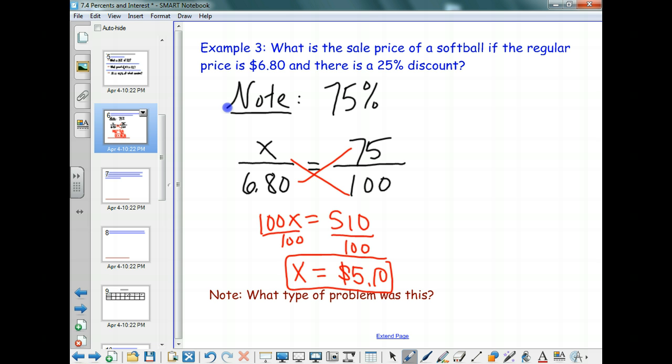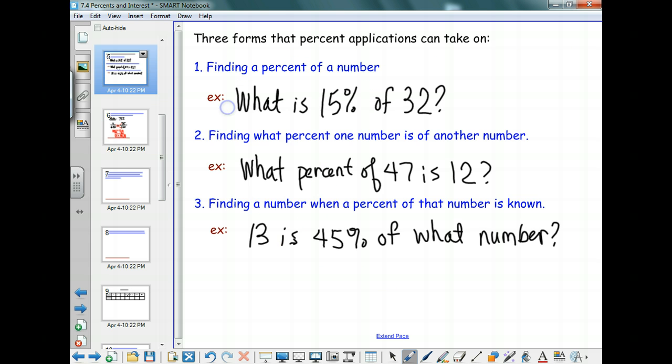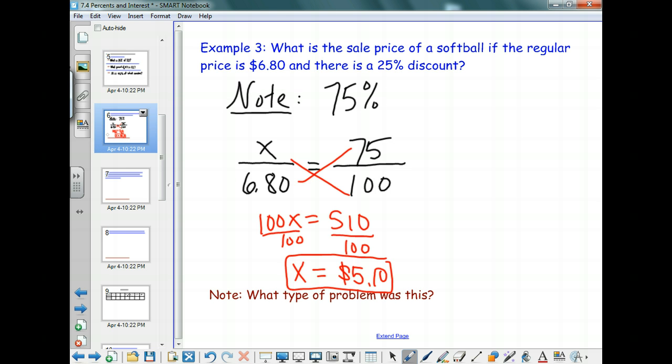So that answers the question, what is the sale price? Which type of problem is this? Looking back on the previous slide. It is. It's problem number 1. We were asking, what is 75% of 680? So this is an example of problem number 1.